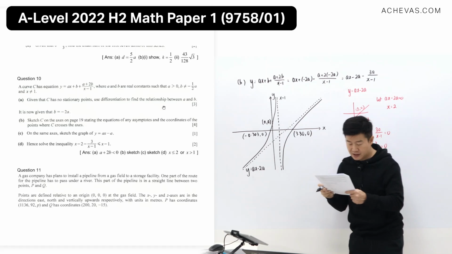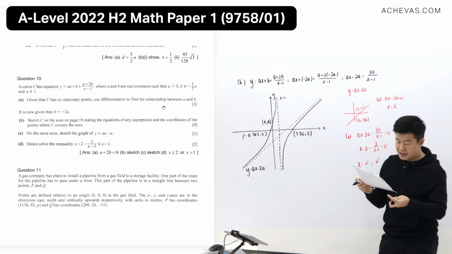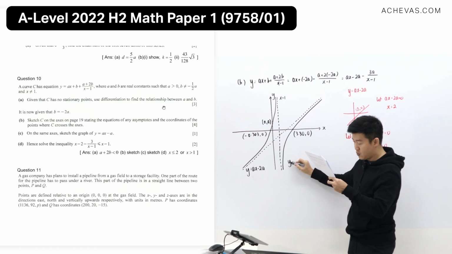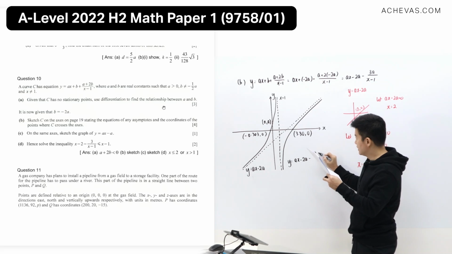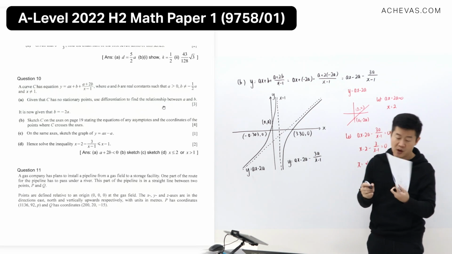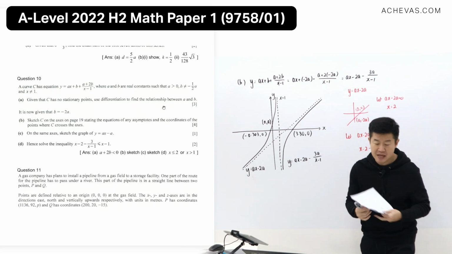So we have another x-intercept, and this will be the graph of y is equal to ax minus 2a minus 3a over x minus 1 that is required from part B.